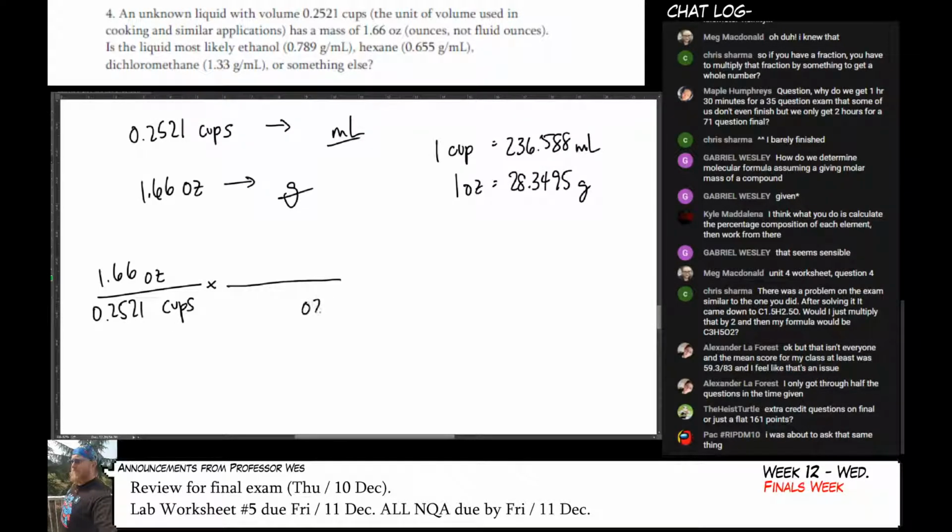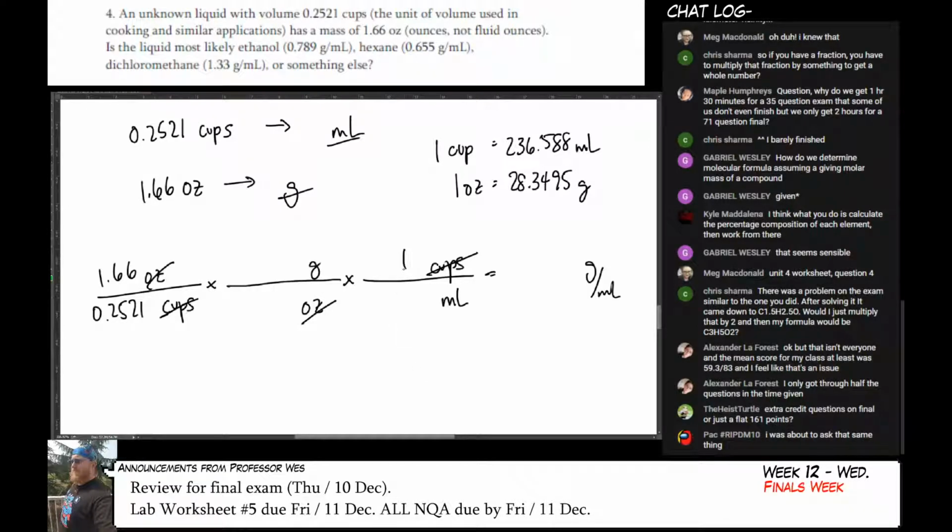So I'm going to turn ounces into grams by doing that, and then I'm going to turn cups into milliliters by doing that. Now I'll have an answer that's in grams per milliliter. And so now I've got to just punch in all the numbers.